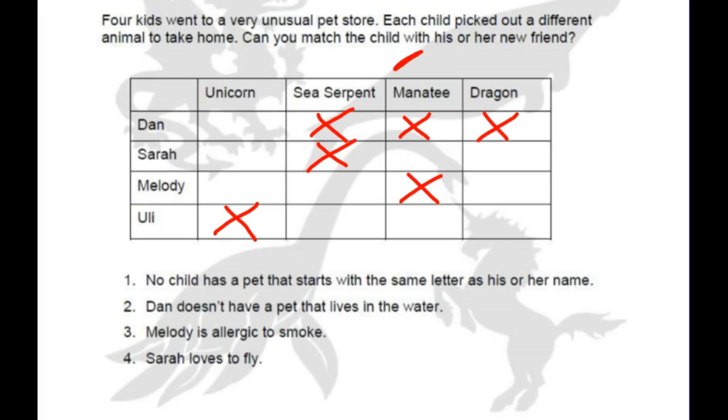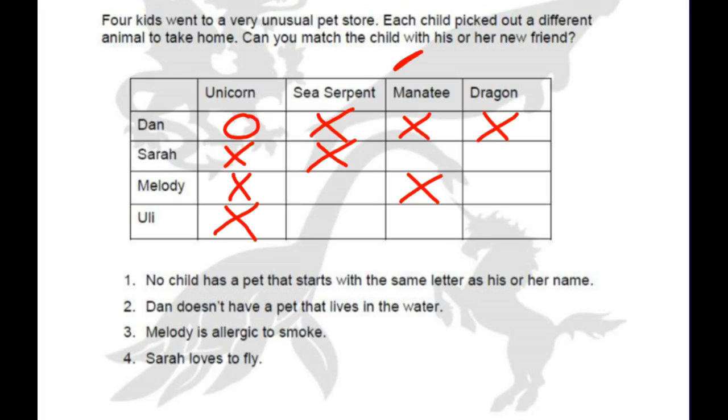So since Dan does not have a dragon, because it starts with the letter D, and he doesn't have a sea serpent or manatee because those are in the water, that means he can only have one option. I look at this row of Dan, and in that row there's only one space, so I have to put a circle there. And when I put a circle anywhere, I want to make sure I put X's to the left and the right and straight up and down. So the unicorn goes with Dan, not Sarah, not Melody.